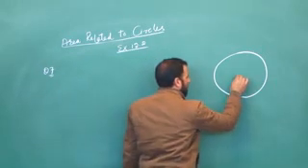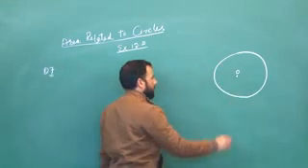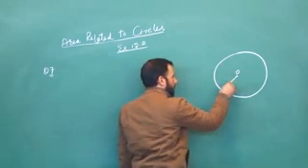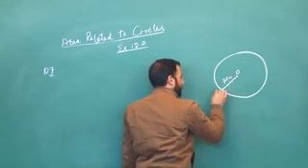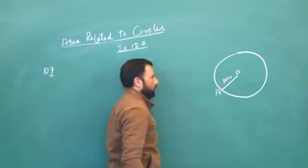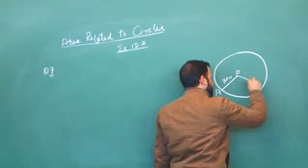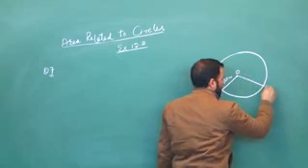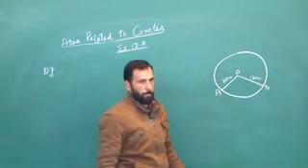Let this point be the center of the circle and call it O. It is given that the radius of this circle is 12 centimeter. So OA is the radius. Let us take another radius, OB. It is also 12 centimeter.